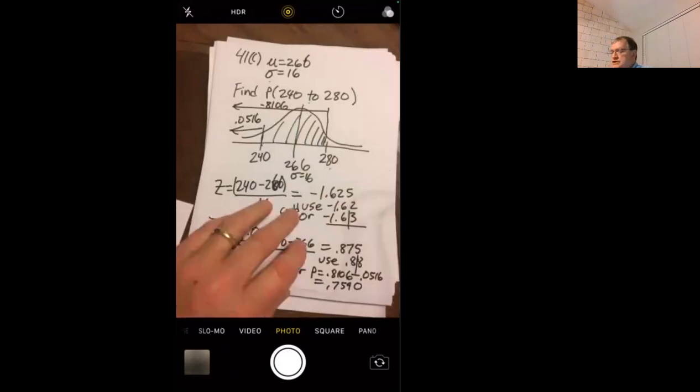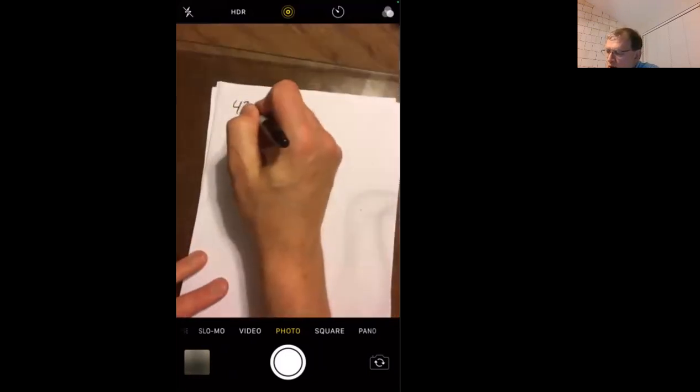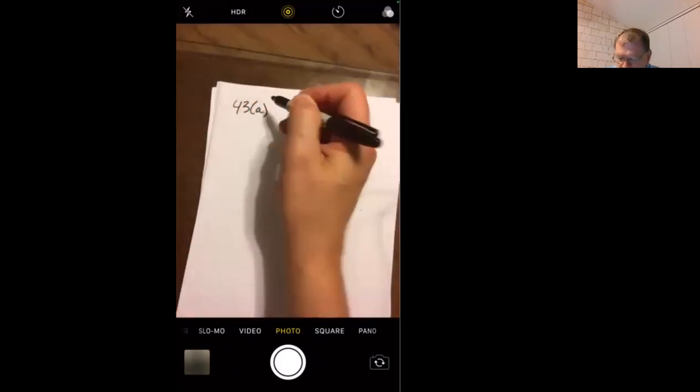I don't know if you want me to switch problems and numbers. There's a lot of parts to these. Why don't we try some from 45? Why don't we try like 43A? We'll do all of 43.